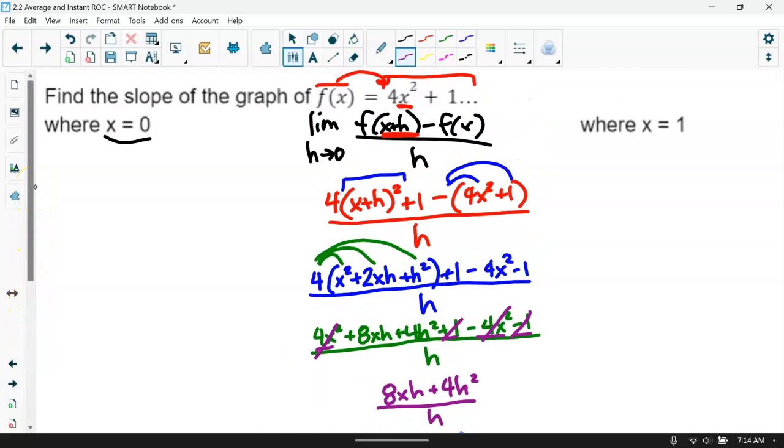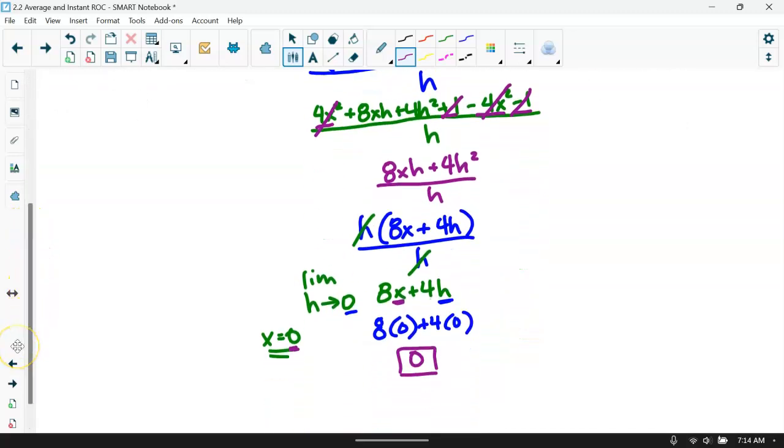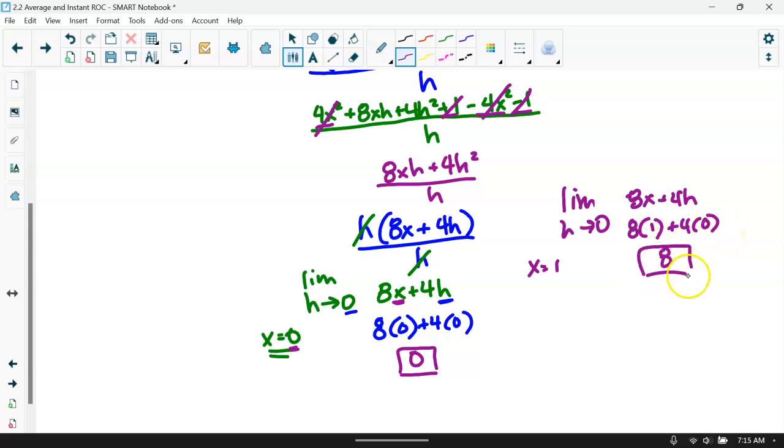So if we wanted to know where x is equal to 1, same thing, right? We've got the limit as h approaches 0, but now where x is 1. So again, we had 8x plus 4h. So this is 8 times 1 plus 4 times 0, which here now you get the instantaneous rate of change of 8.